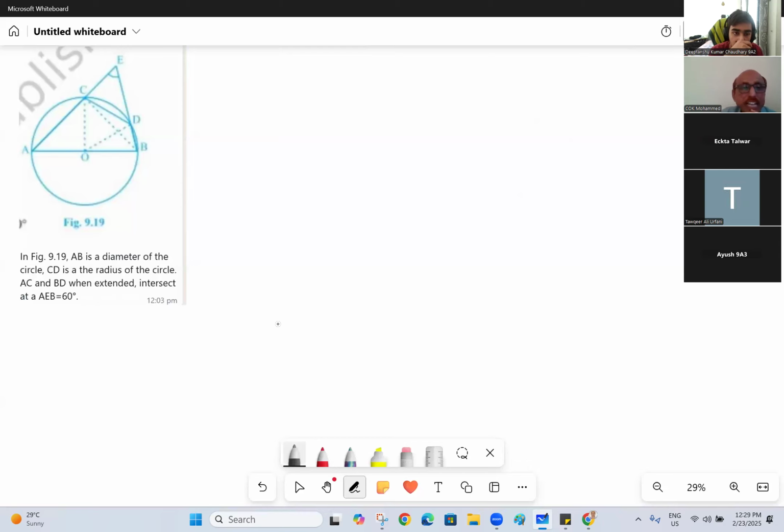Which is the angle in the semicircle? Tawqir, you tell me. Angle ACB. Angle ACB is 90 degrees, angle in a semicircle. I will write it, we can organize it later. If this question carries 4 marks, you may get half a mark for this. Since you have drawn the figure, they may give you 1 mark because one value point is already ready.